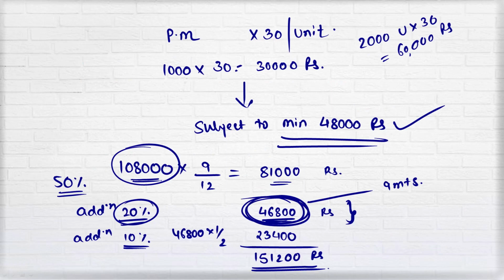So up till here it is correct. Alright. If there is a 25% increase in capacity, then as per the language used, you should take over here also 46,800.